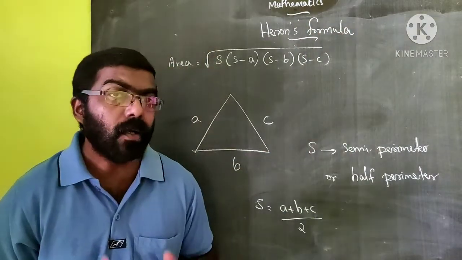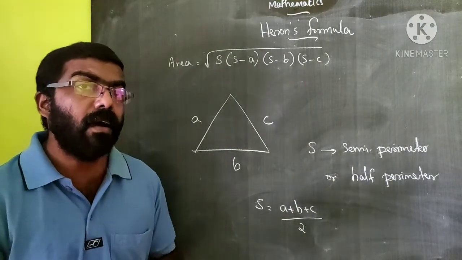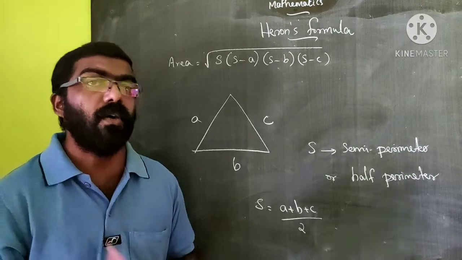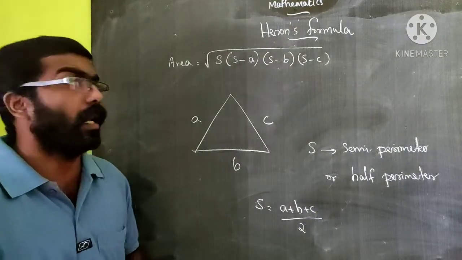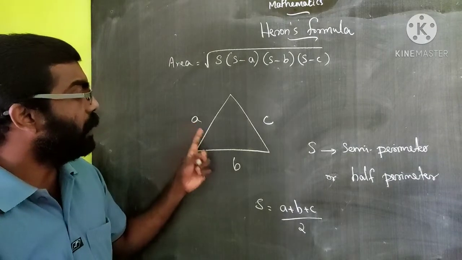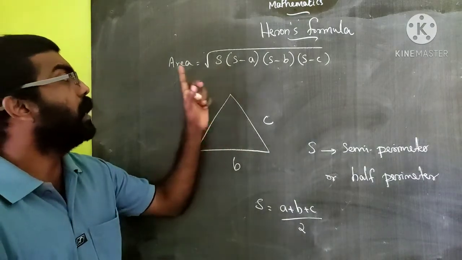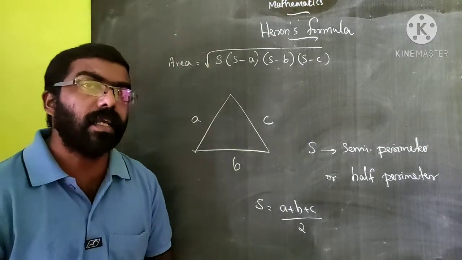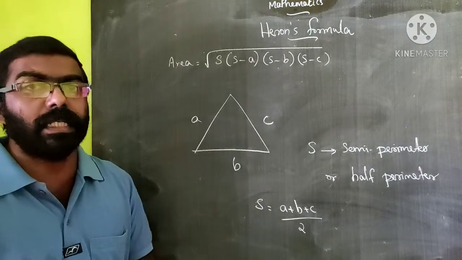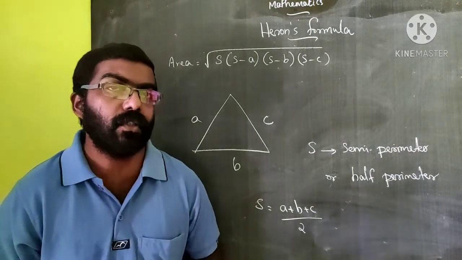So I repeat, Heron's formula is used to find the area of a triangle, especially a scalene triangle with three sides known. If the three sides are a, b and c, then area is equal to root of s into s minus a into s minus b into s minus c. Clear? Now we shall discuss some problems from exercise 12.1.